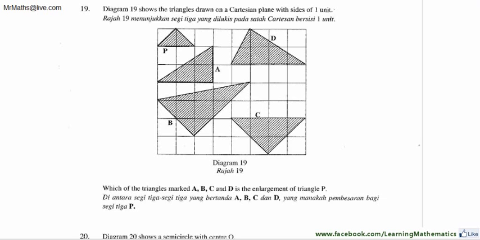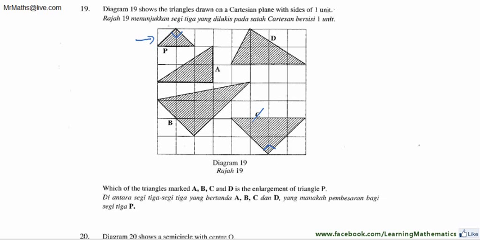So triangle P is this one. We need to find the enlargement. I think it's pretty obvious, right? This is an isosceles triangle, and there is only one isosceles triangle from the rest, A, B, C, and D. Which is C, right? This is the only isosceles right angle triangle.